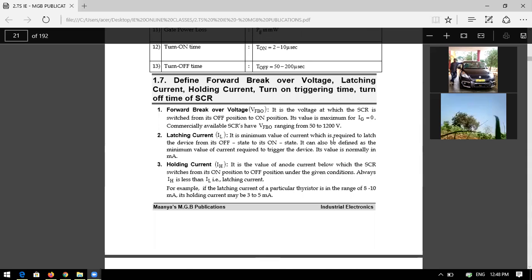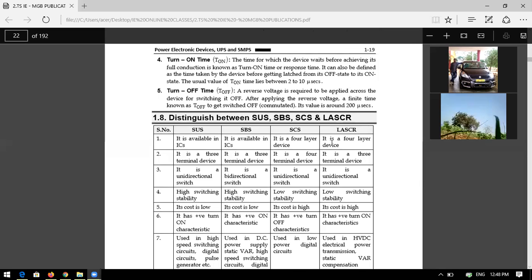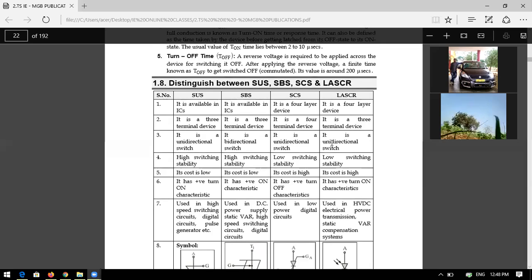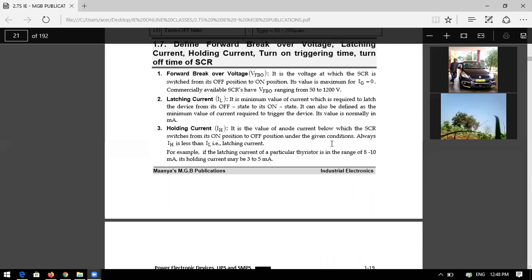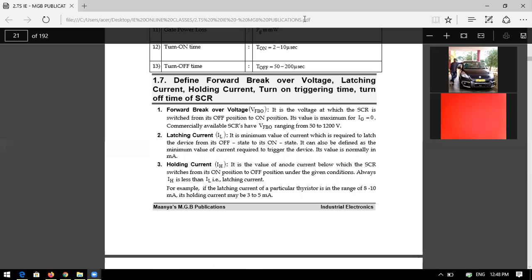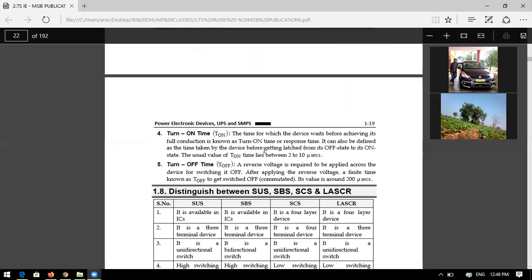Next, some other definitions are also there, and these are very important. You can see these important definitions here: what is forward breakover voltage, latching current, holding current, turn on time and turn off time.